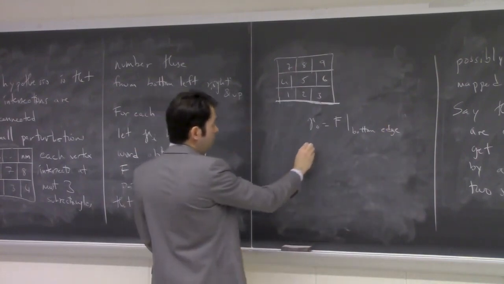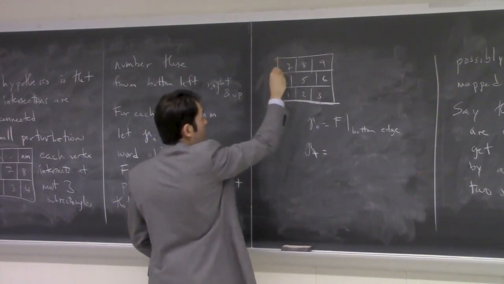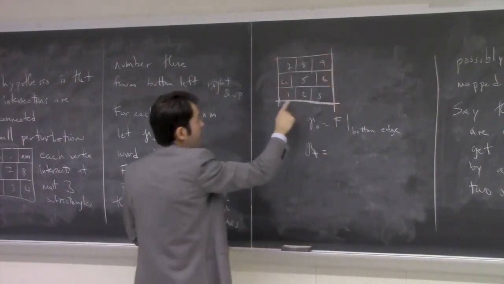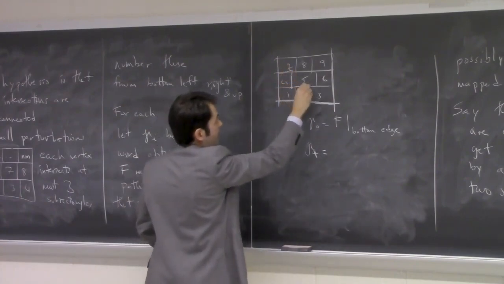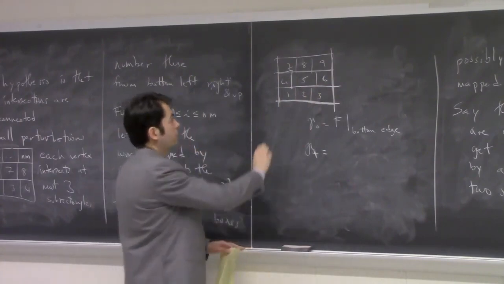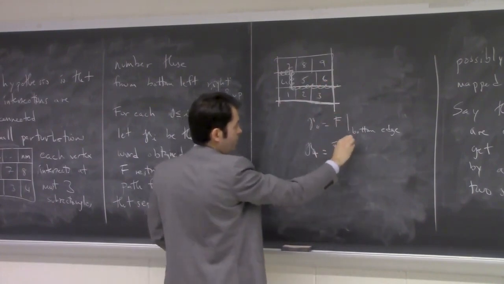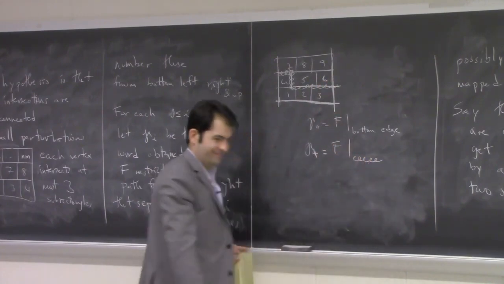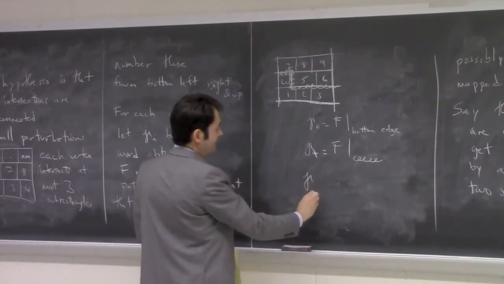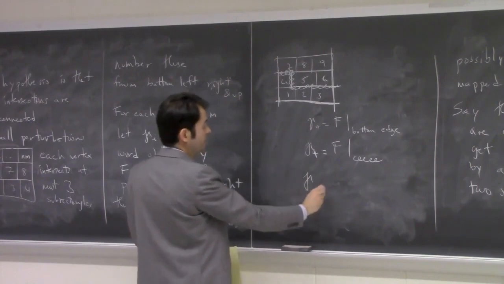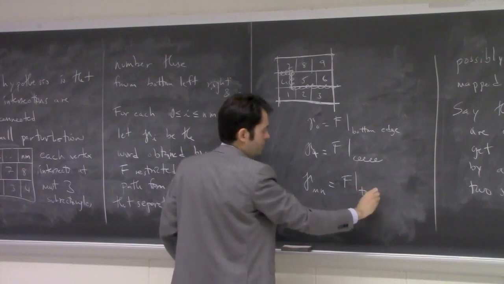Gamma 4 would be, I want a path that starts at the left side, ends at the right side, and separates the first 4 boxes from the rest. So you're going to go like this, like that. Right? So make that curly. Gamma 4 is f restricted to the curly path. And gamma mn, so 9 in this case, would be just go along the top. f restricted to the top edge.